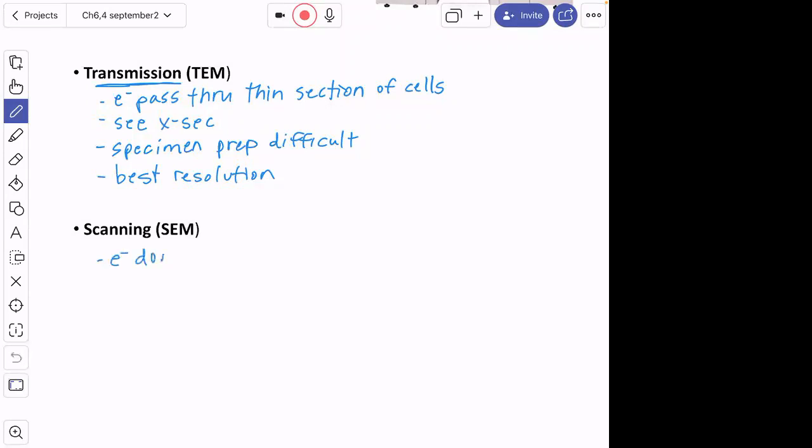The electrons don't pass through, so you don't have to have such a thin section. And the image is going to be a 3D image. It's still not easy to prepare the cells. Usually the cells are coated in some kind of heavy metal like gold. And then of course they're viewed in a vacuum.